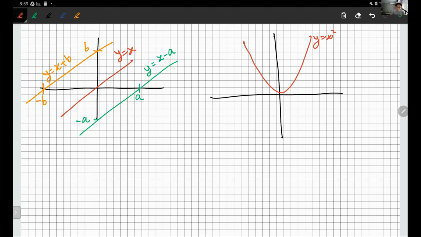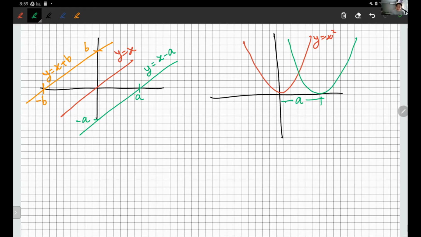What do you think will happen if I once again do the same trick? I'm moving this parabolic curve to the right by the distance a. What will be the green equation? For those of you who remember how the shifting of a curve goes back in mathematics, this is not bad.